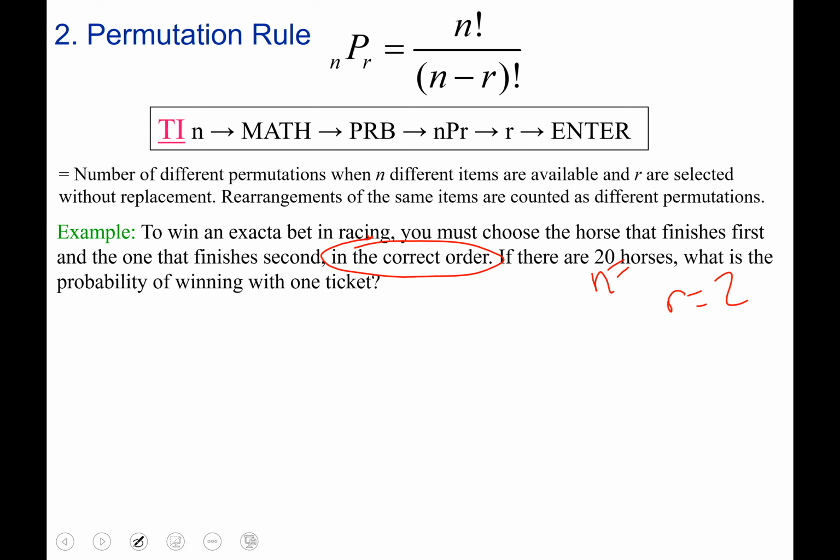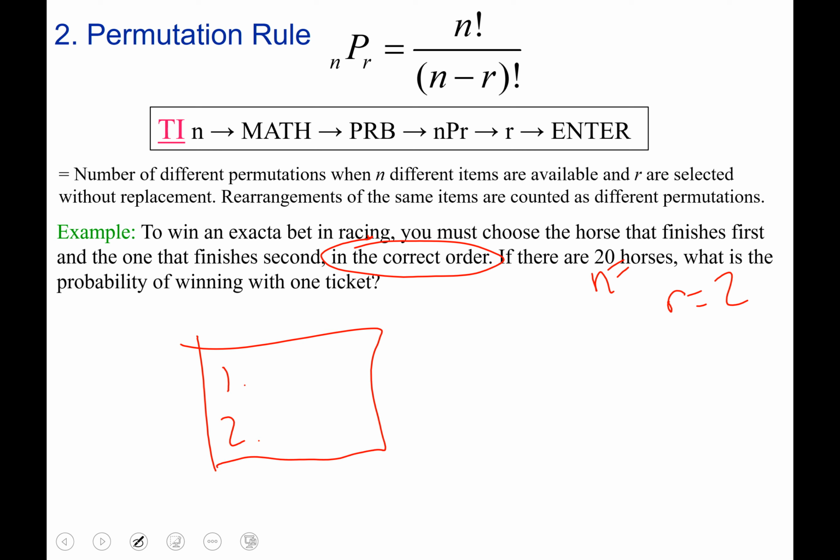Now I want to get into the discussion of, are we supposed to be counting the number of permutations or the number of combinations? And the question doesn't specify, so you have to be able to decide. And so let me try to give you a visual. First place, second place.